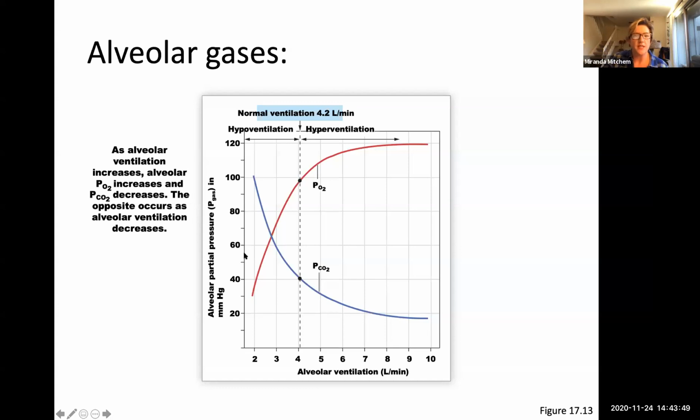What it is showing us is that as alveolar ventilation increases, we get an increase in the pressure of oxygen and a decrease in the pressure of carbon dioxide. So in hyperventilation, we're getting an increase in the partial pressure of oxygen with a decrease in carbon dioxide. It's the opposite of what's happening in hypoventilation.